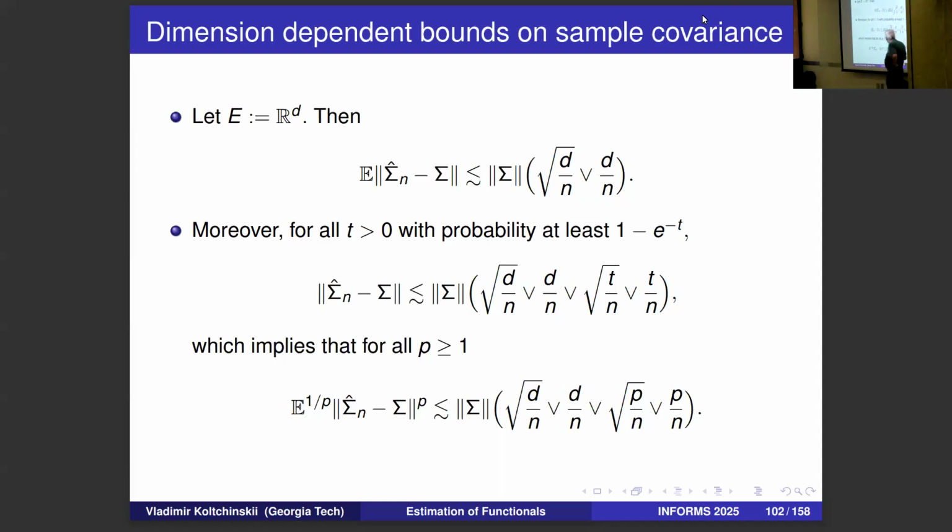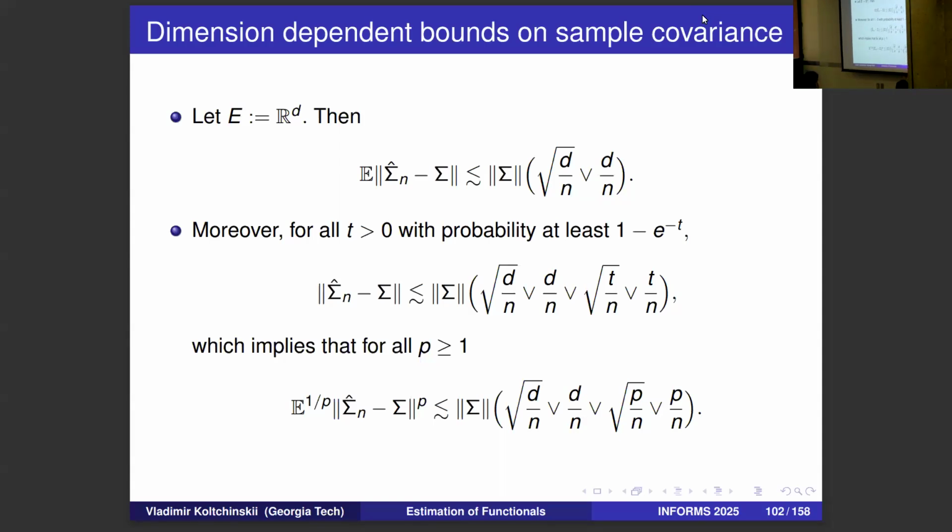Roughly it tells that it will be of the order square root of d over n, right? There are rather nice concentration properties here also, and you have Bernstein type bounds that hold with high probability, for instance, and you have bounds on moments like this, so there are various tools that are available.